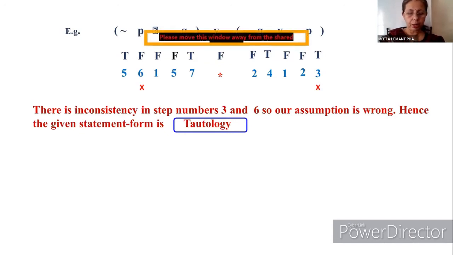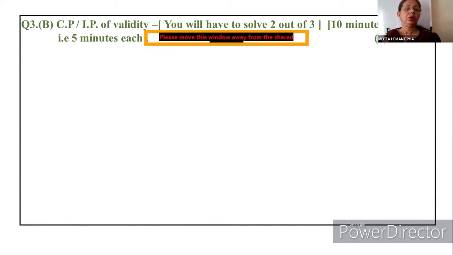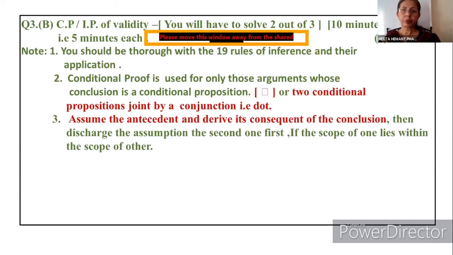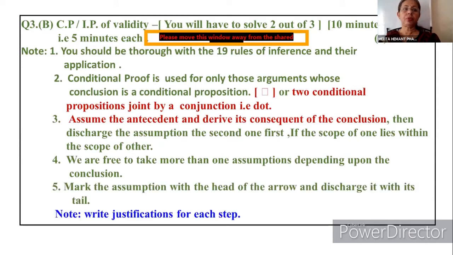So now we come to the next question, number 3b. It is of CP and IP sums of validity, and it carries how many marks? 6 marks. So one, you will have to solve 2.